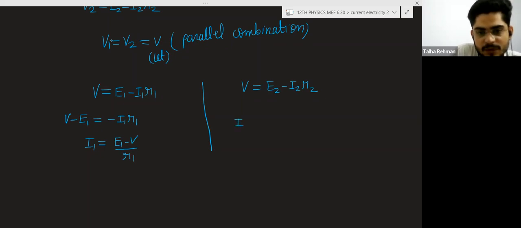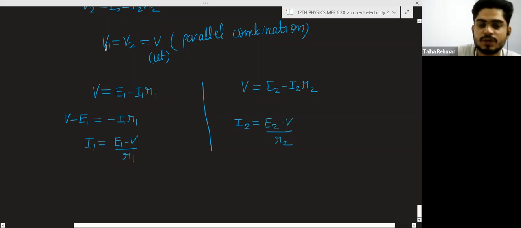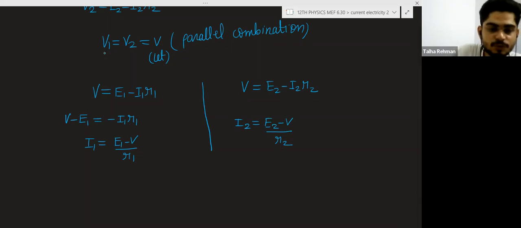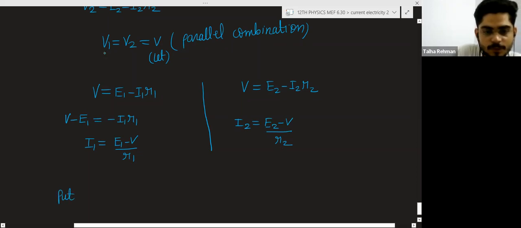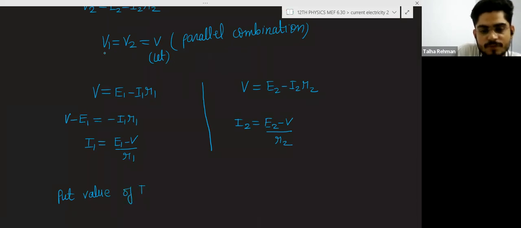Similarly, I2 is E2 minus V divided by R2. Now put the values of I1 and I2 in equation 1.